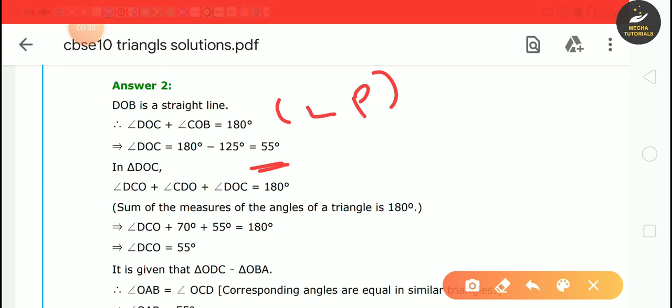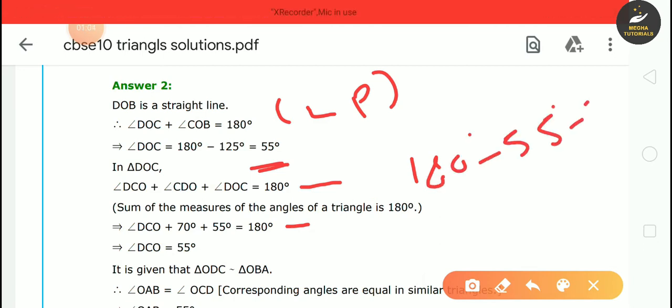In triangle DOC you can apply angle sum property. So angle DCO plus angle CDO plus angle DOC is equal to 180 degree using angle sum property. Then angle DCO plus 70 degree plus 55 degree is equal to 180 degree. Then you will get angle DCO is equal to 180 degree minus 55 degree minus 70 degree.